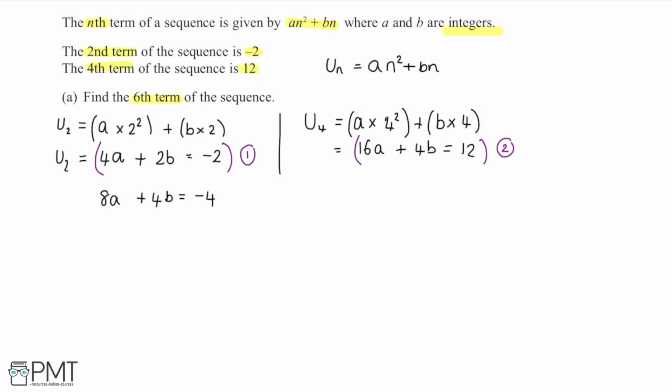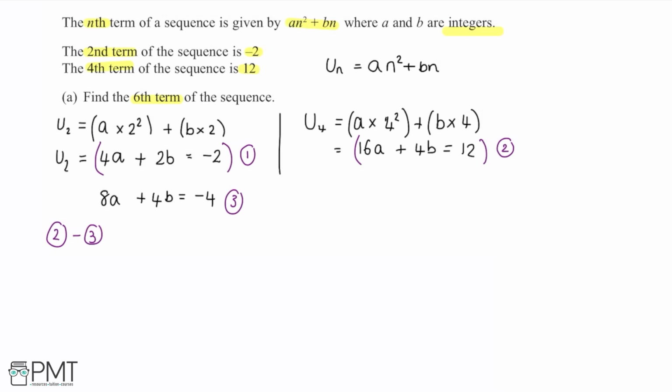And we now have this new equation here and equation 2. So if we call this one equation 3, actually, if we do equation 2 subtract equation 3, the 4b's are going to cancel out, leaving us with just the values of a and some numbers, so we'll be able to solve this for a.